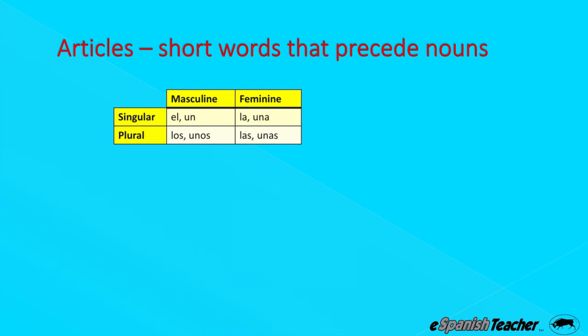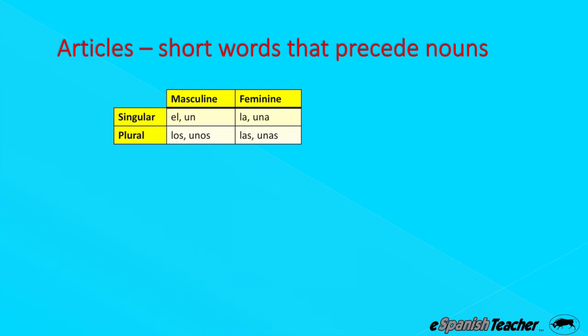Los means the, but it's used with plural nouns. Unos means some, and it's used with plural nouns. Plural feminine, we have las, which means the, but it's used with plural feminine nouns. And unas also means some, and it's used with plural feminine nouns as well.